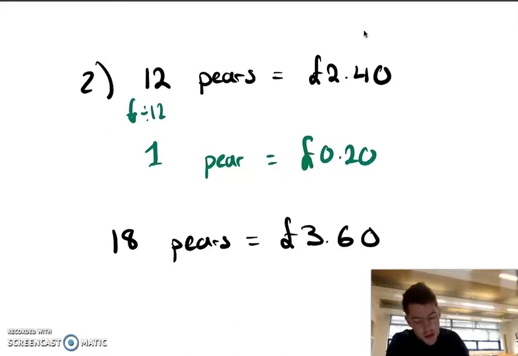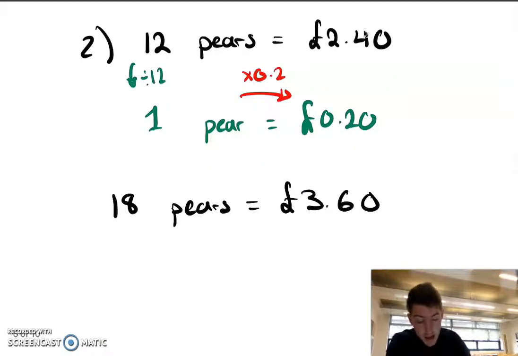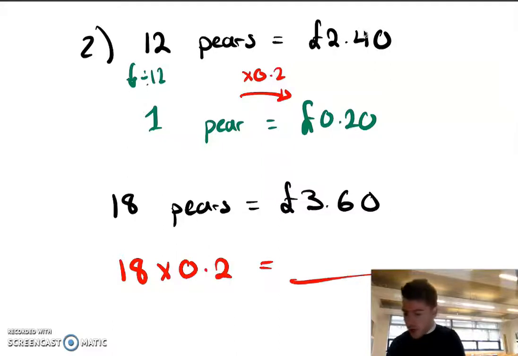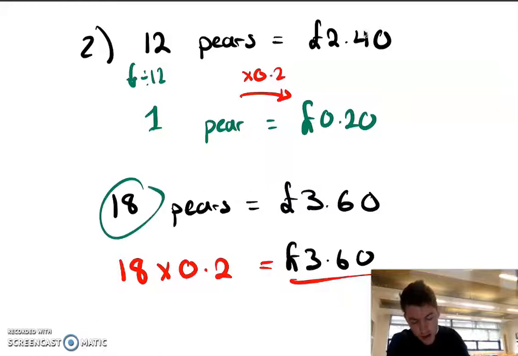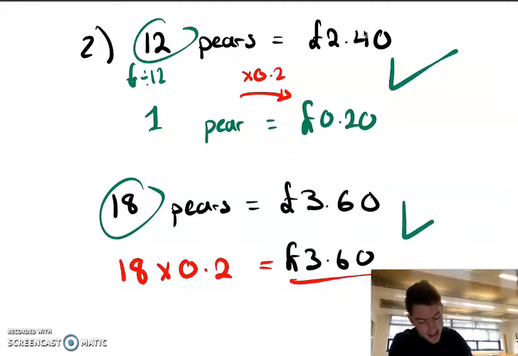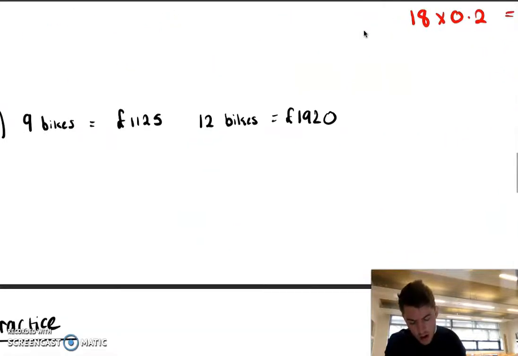So that means one pair, you times it by 0.2 to get your price. 18 pairs, is it the same? Well, let's do it with the calculator. Does 18 times 0.2 equal £3.60? Yes, it does. So, are these directly proportional? Yes, they are.